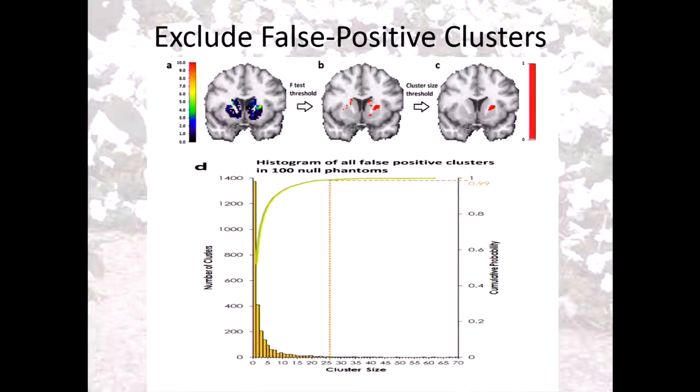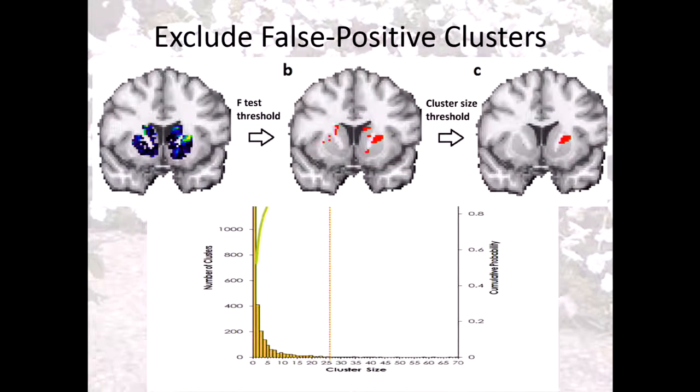The bigger the cluster, the less likely that could have happened by chance. One lousy voxel can have a false positive. It happens all the time. We throw it out. If we see a response in enough neighboring voxels, such that it happens only p less than 0.05 by chance, then we take that to be a real phenomenon.